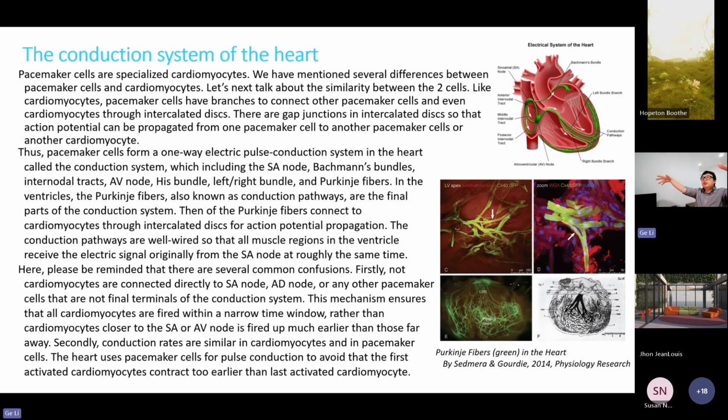Not every single cardiomyocyte directly connects to pacemaker cells, because after the first cardiomyocytes, the cardiomyocytes connect to each other through the intercalated disc.